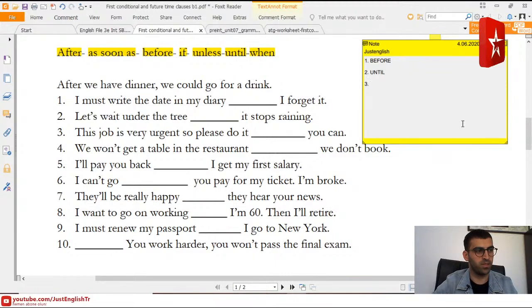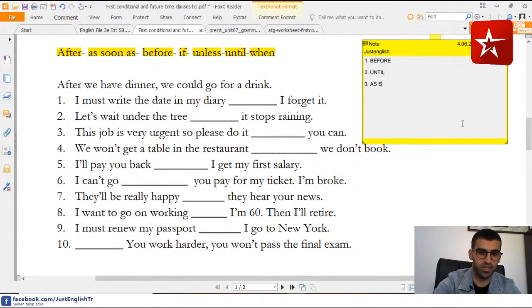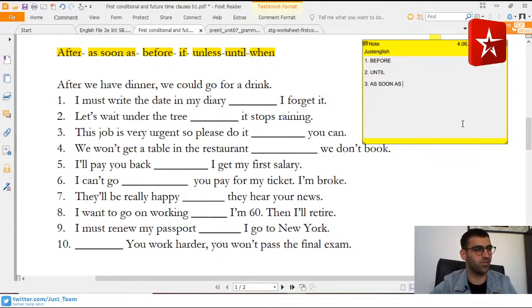Azime, Ramadan and Isahan, all of them say as soon as. If they say the correct answer is as soon as, it is correct. I can't say it's wrong because it's correct. This job is very urgent, so please do it as soon as you can. That is the correct answer.